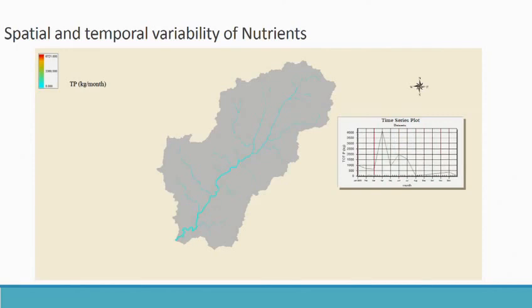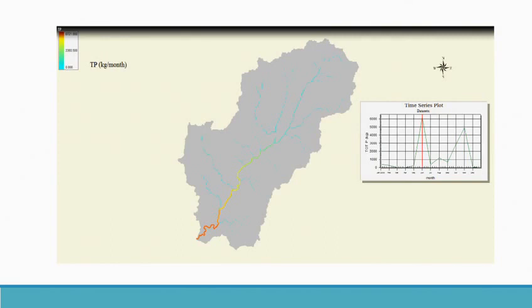Sometimes it's red over at the outlet, and this is the color coding for the total phosphorus. Generally it helps to identify how the nutrients are traveling inside the sub-catchment and at what particular point of time. This is just a snapshot for June of the year 2005, and it gives us the spatial and temporal variability.